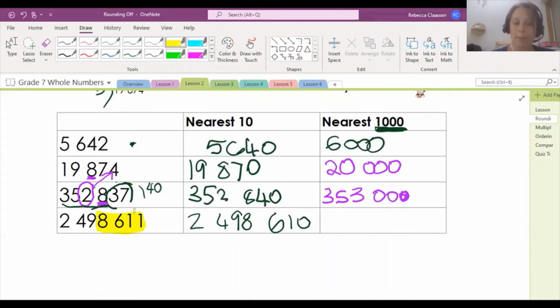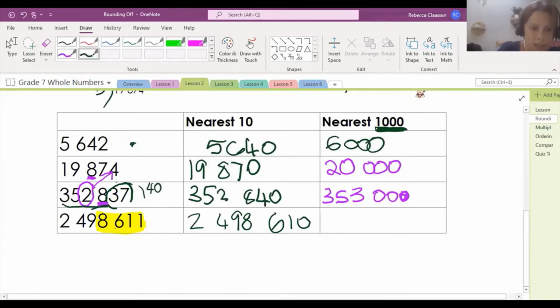So we round it up to 9,000. Okay. But if we want to do it the shortcut way, all we do is we look at the 100, and that's going to tell us we're closer to the next 1,000 up. Okay. I hope that's helped a little bit for those people who were struggling a tiny bit with that.